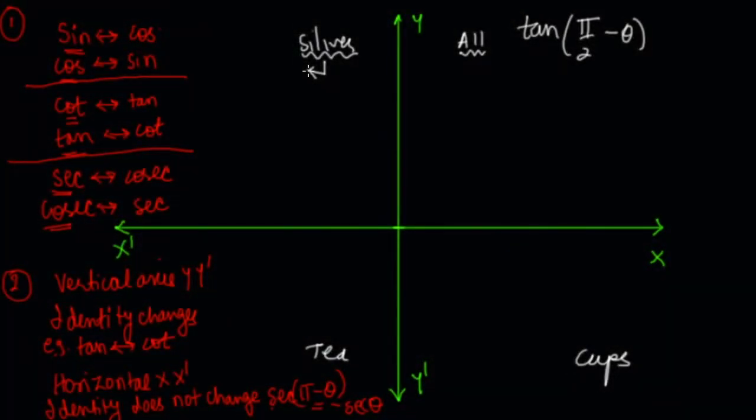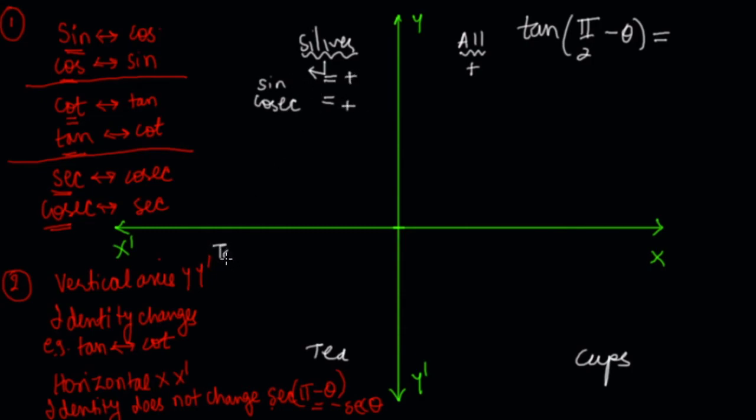Okay, so now we are saying again tan of pi by 2 minus theta, right? So the first thing that you need to ask yourself is: all positive in the first quadrant. If it's sine or cosec on the left hand side of the equality sign, then whatever comes here, the answer is positive.